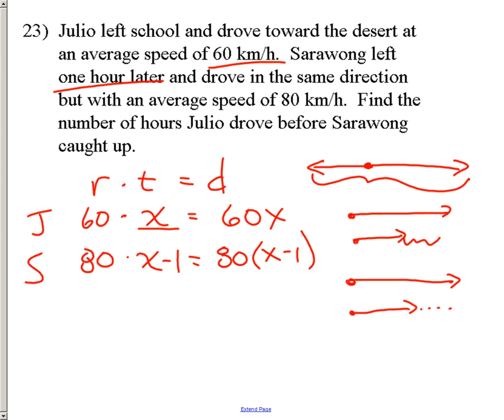And what are we looking for here? Add them, subtract them, set them equal. We want to know when Sarah Wong catches up, when this distance equals this distance. So 60x is 80 times x minus 1. And now we have to be really careful because as algebra-trained chimpanzees, we are used to coming up with x as an answer, but is x actually the answer here?